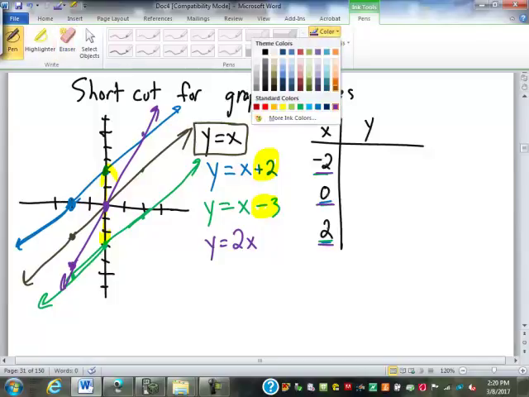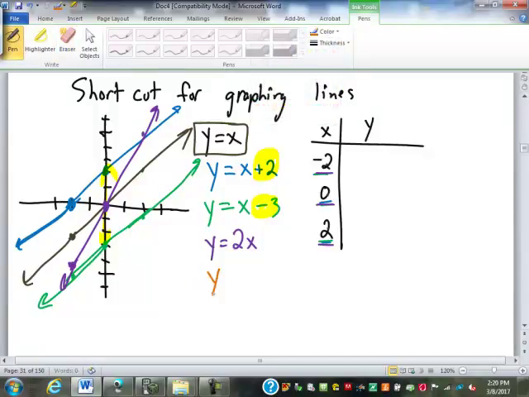Well, how do you think we'd make it shallower? Divide. Let's say we did x divided by 2. Well, in algebra, rather than dividing by 2, most of the time what we do is we'll multiply by 1/2. So y equals 1/2 times x is the same as saying x divided by 2. So if x is negative 2, 1/2 times negative 2 is going to be negative 1.